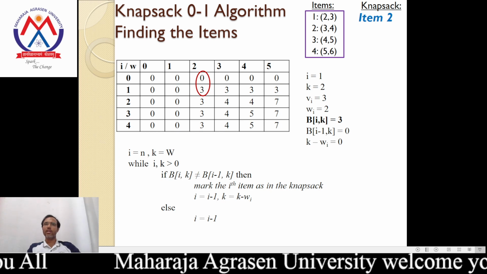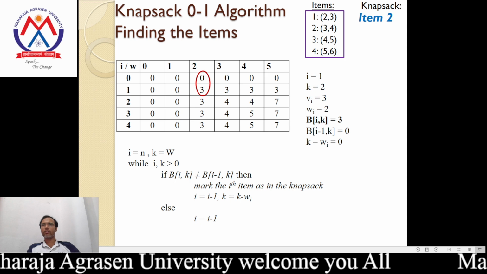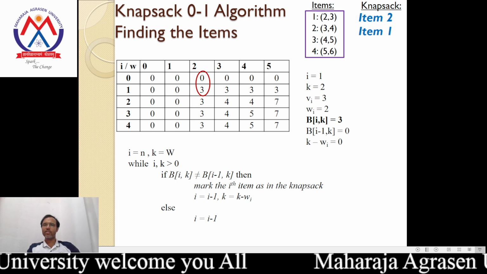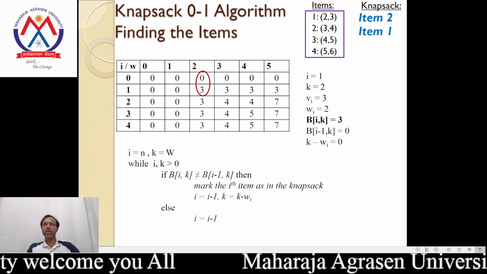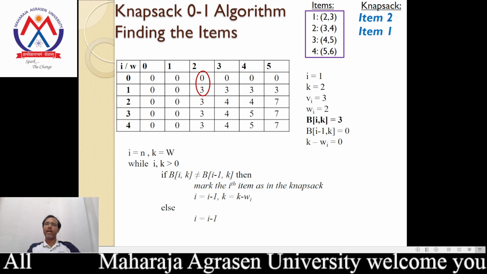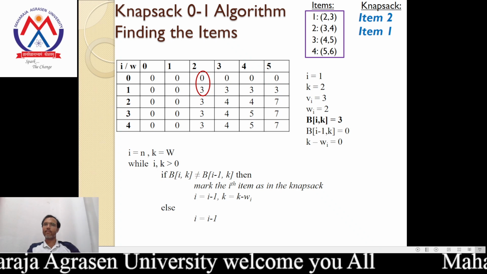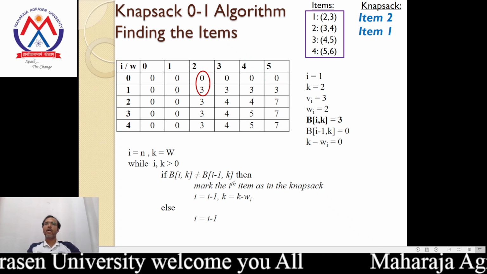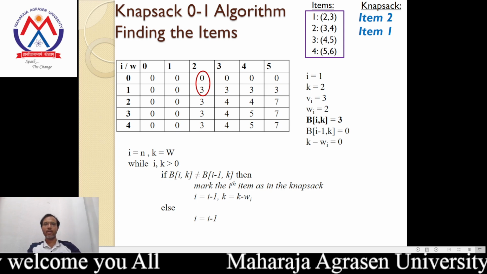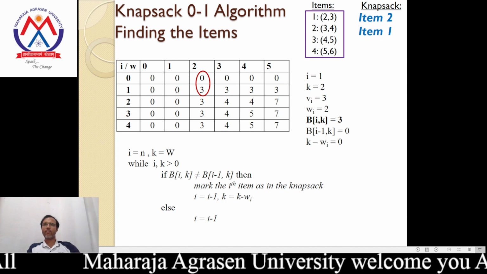Now we subtract the value, because item number 1 is selected and its profit value is 3. That's why 3 minus 3 equals 0. It means we have completed the knapsack total, which is 7. The maximum profit value is 7, and the items we have selected are item number 1 as well as item number 2.